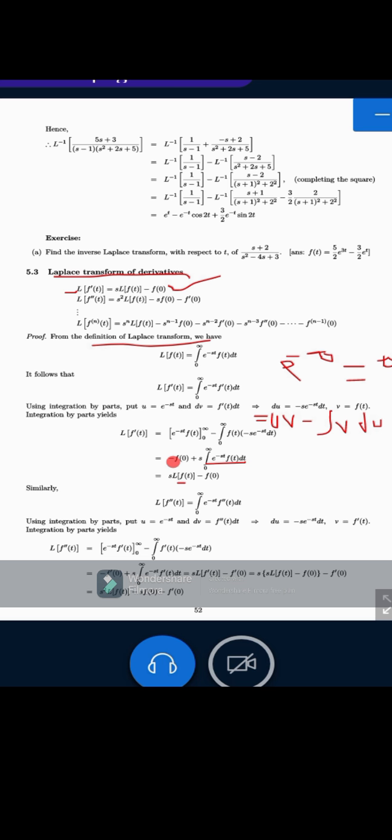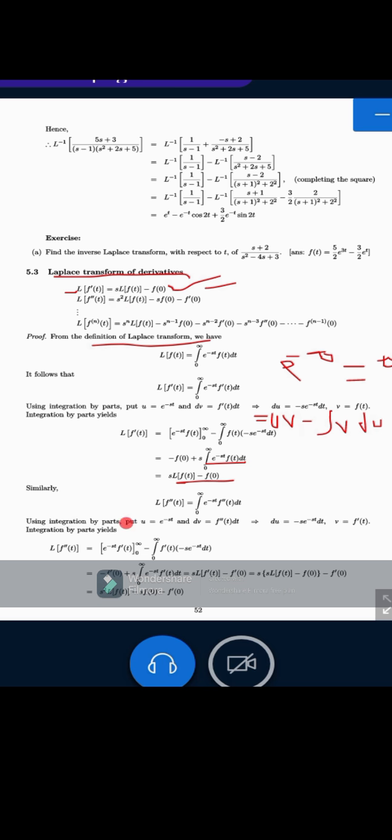And then because of the minus, we rearrange, we'll have minus f of 0. So this is the first derivative. You have seen how we were able to manipulate this integration to get the Laplace transform of the first derivative.